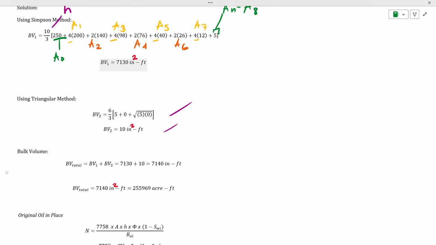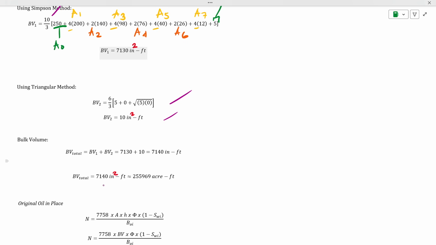If we combine the total bulk volume using the Simpson and pyramid, or in some references the triangular method, the total bulk volume will be 7,140 inches squared feet, and expressing it in acre feet, we have approximately 255,969.